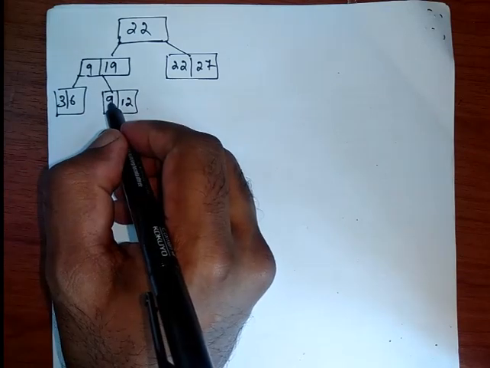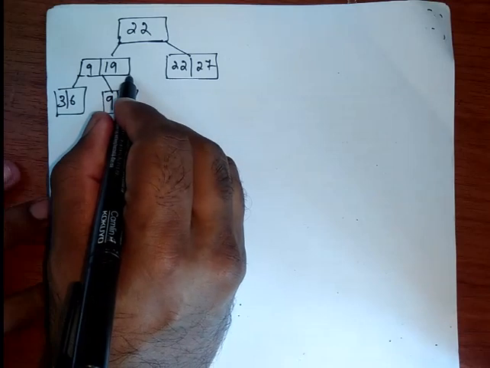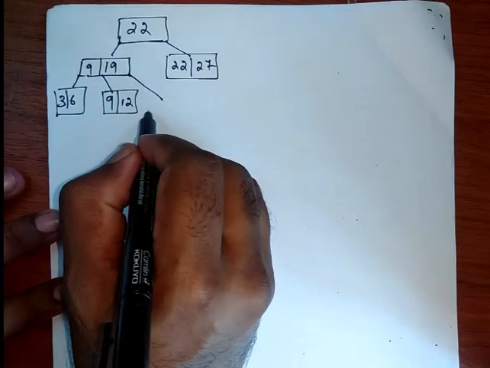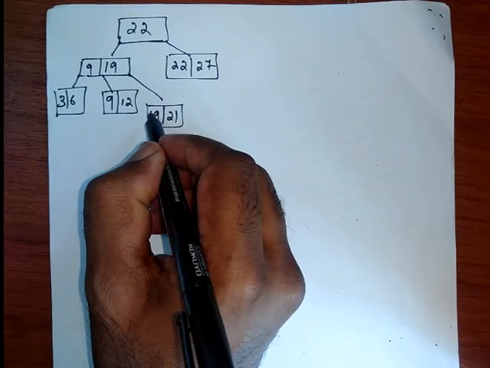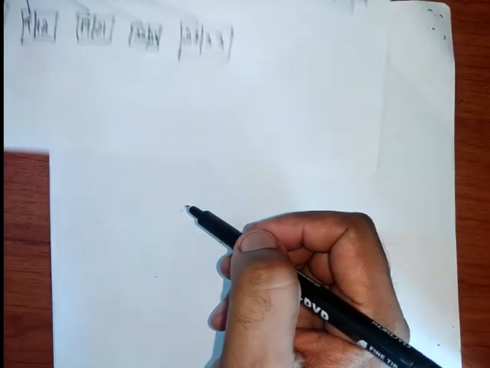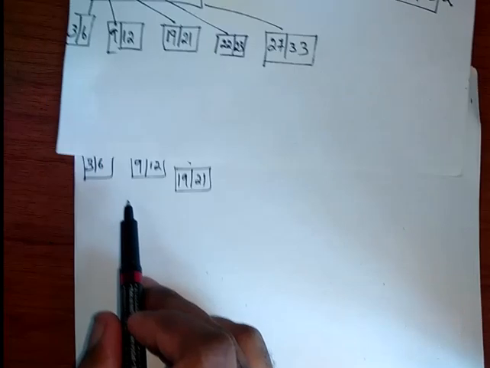So we have to look into the previous figure. So here 19, 21. From the previous figure we can see that there are 5 leaf nodes.